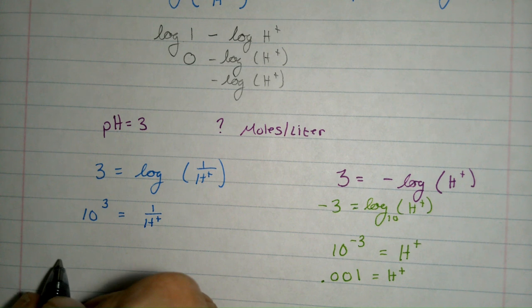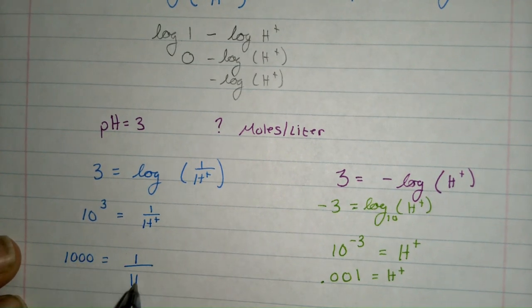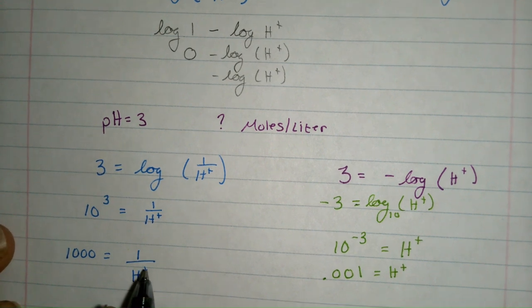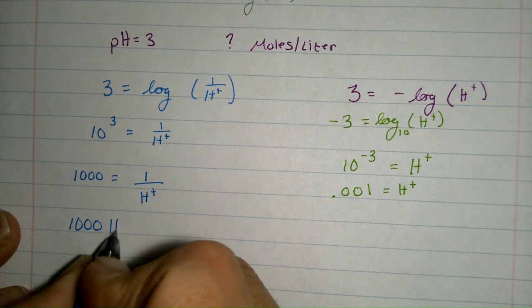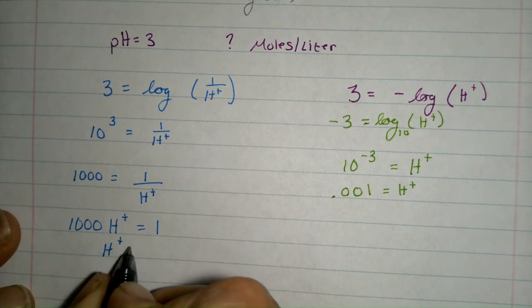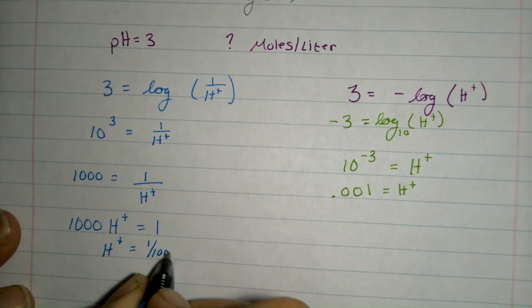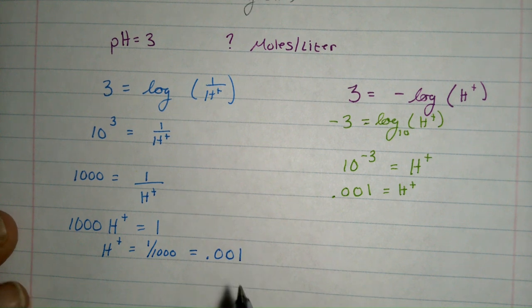Remember, 10 to the third is 1,000. To get rid of dividing by H plus, we multiply it to the other side. So 1,000 hydrogen atoms equals 1, then divide. 1 divided by 1,000 is 0.001.